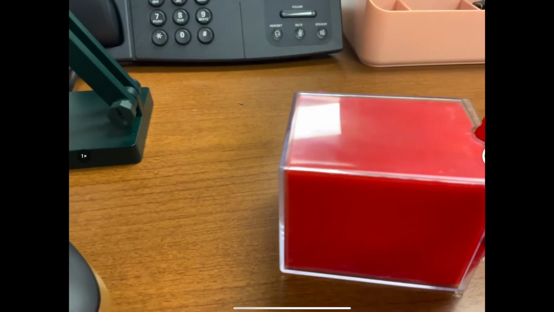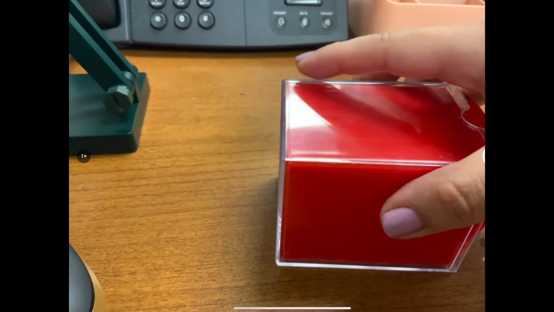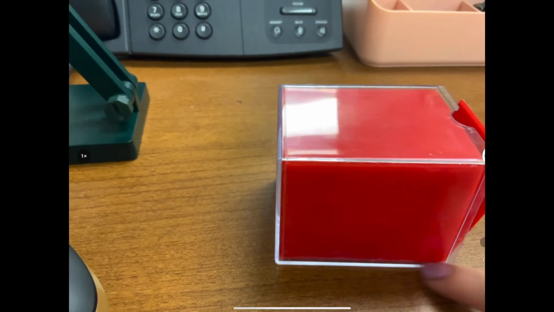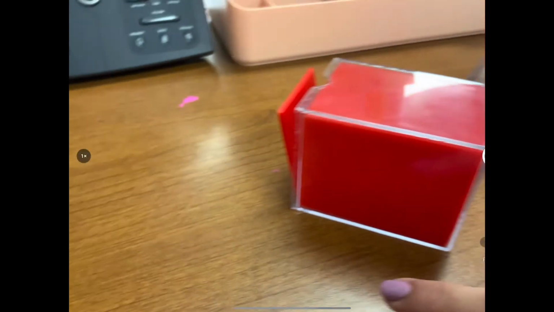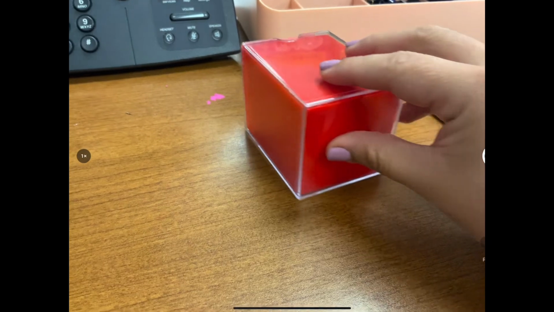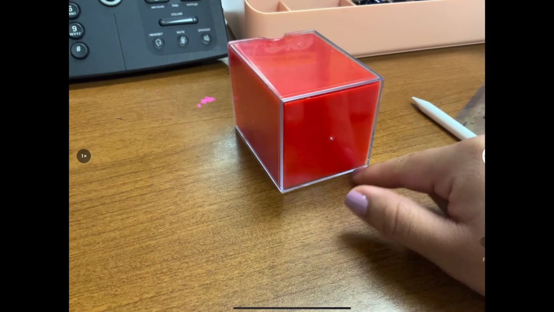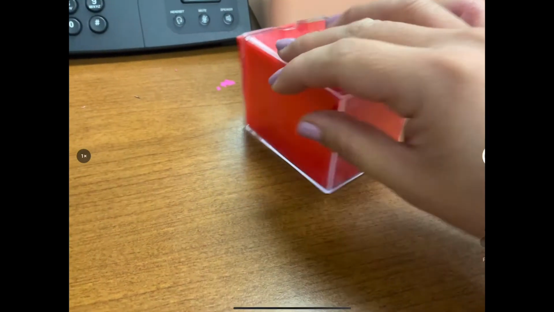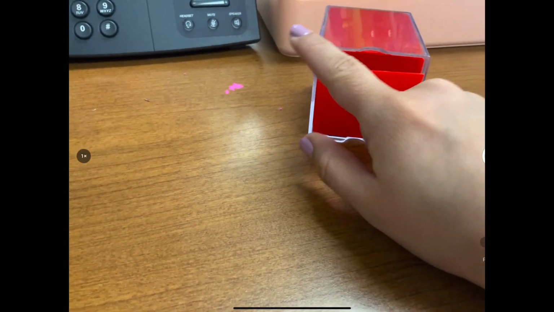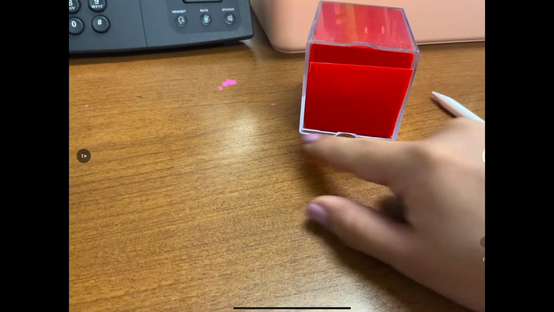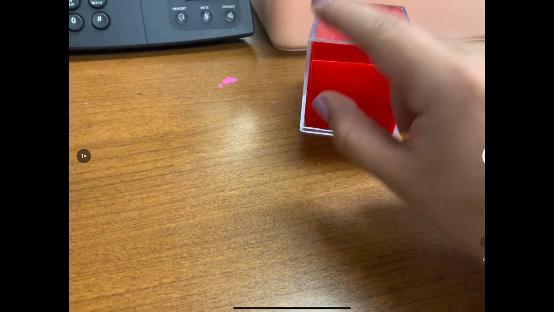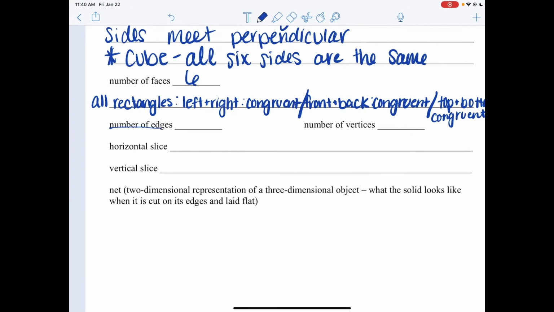Okay, so I have 1, I have 2, I have 3, and at the other side I have 4. I have 5, 6, 7, 8, flipping it over, 9, 10, 11, and 12, okay? So that means that I have 12 edges.